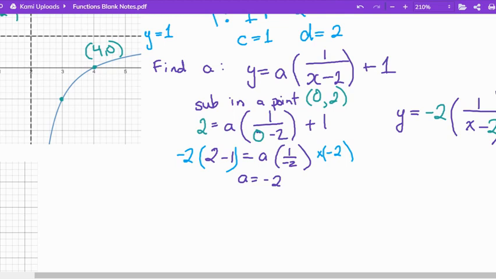So you're basically saying negative 2 times 1, and the a value goes into the numerator. So watch this. Negative 2 over x minus 2, plus 1. Right? It's a little less cluttered, and I guess we could say a little more simplified. Once we get this equation, we need to pause and be like, is this good? Did I get it?